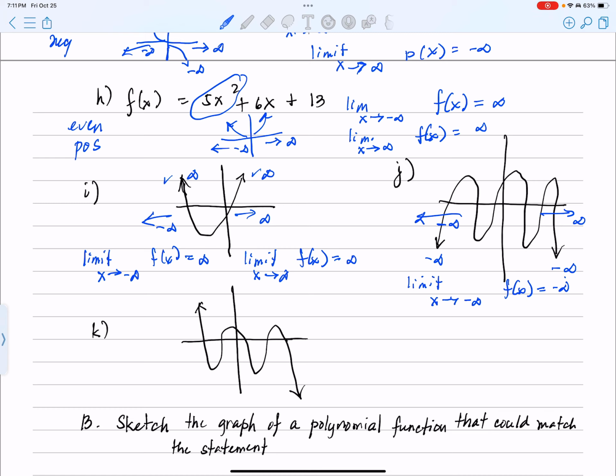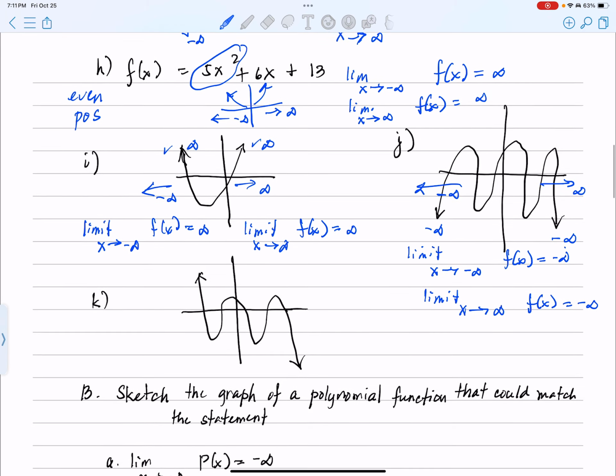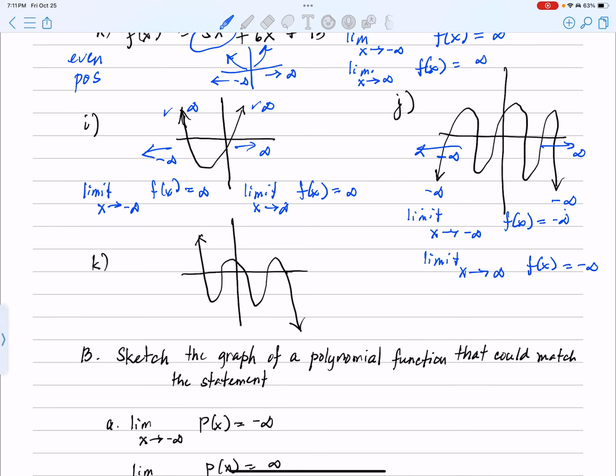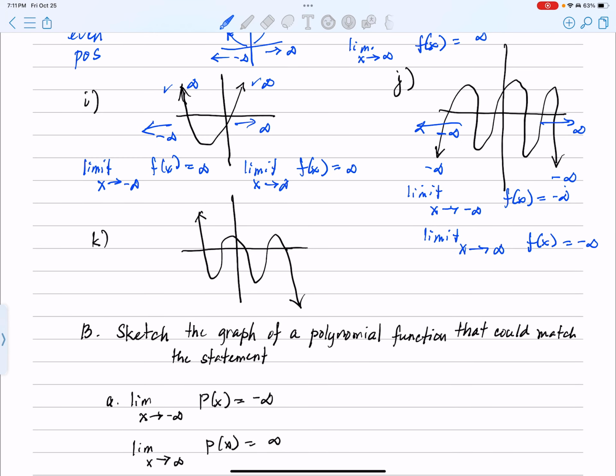Okay. And the limit as x approaches positive infinity, the function is negative infinity as well. Because if you look at the end behavior, it speaks for itself what kind of end behavior you have.